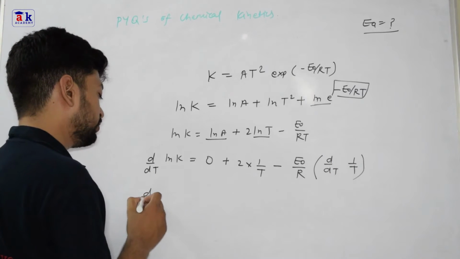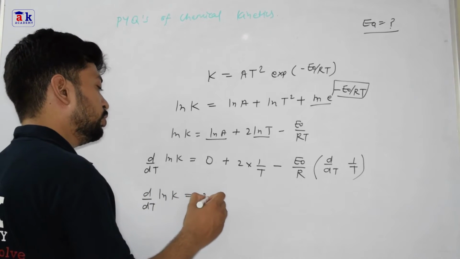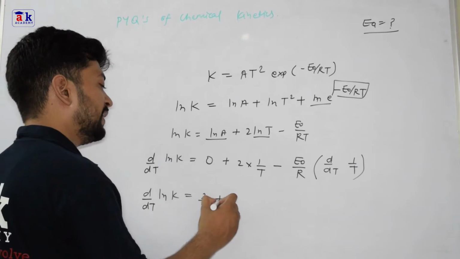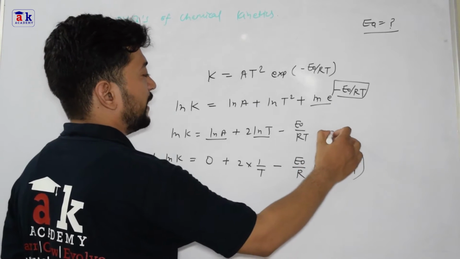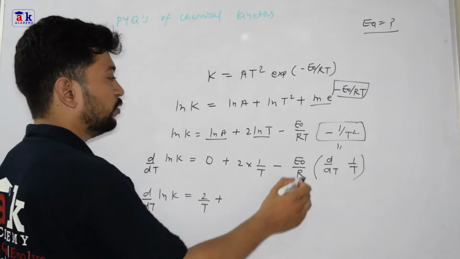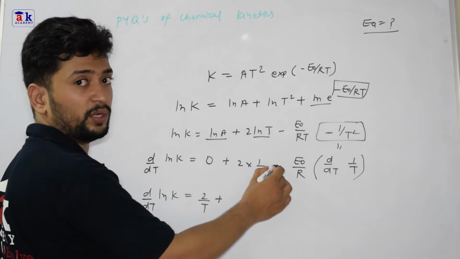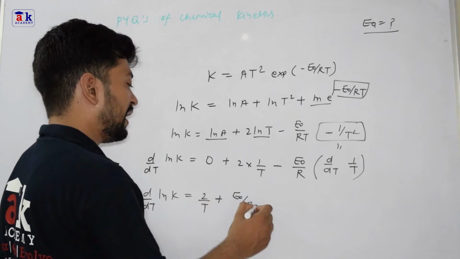Now put it over here. So d/dT ln K = 2/T plus, minus and minus will become plus, so this is plus E₀/RT².